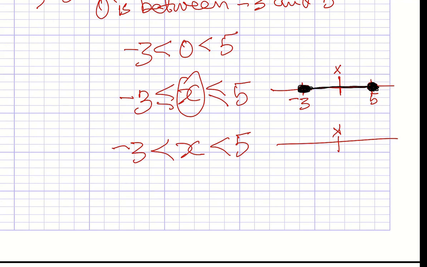And then 5 is somewhere here. Minus 3 is somewhere here. And then you draw the circle. But you see, because in this case, minus 3 and 5 are not included, you draw it like this, but leave the circle not shaded, you see? Right there. You see that, right?